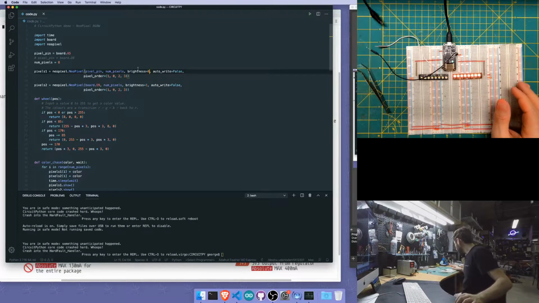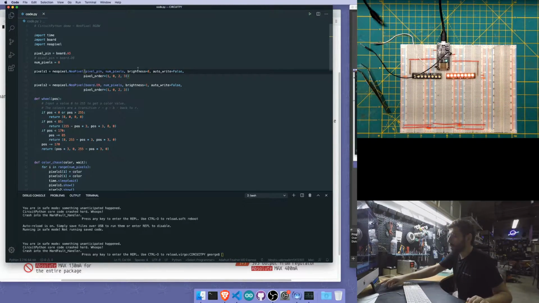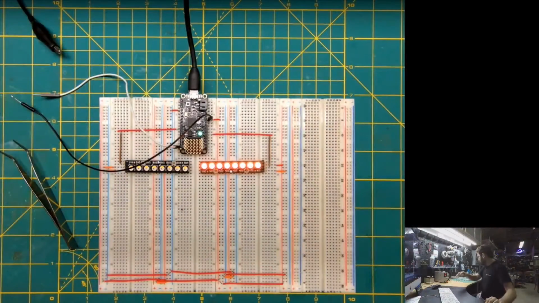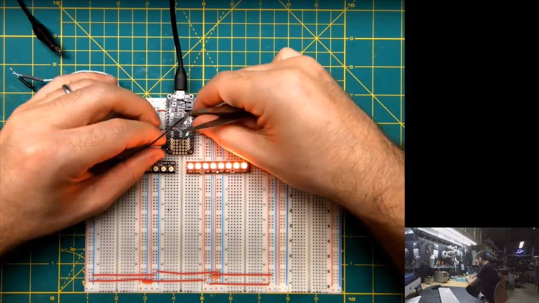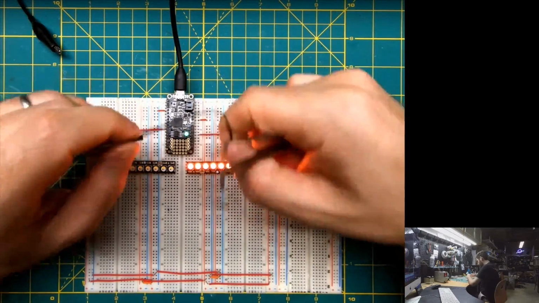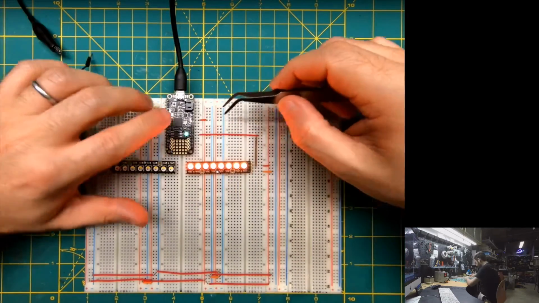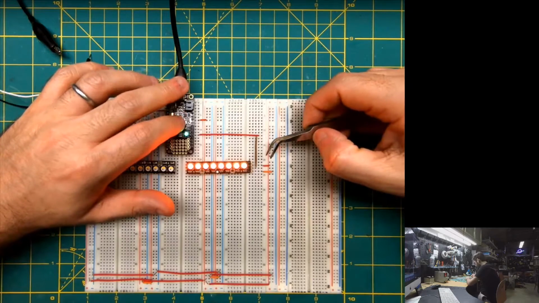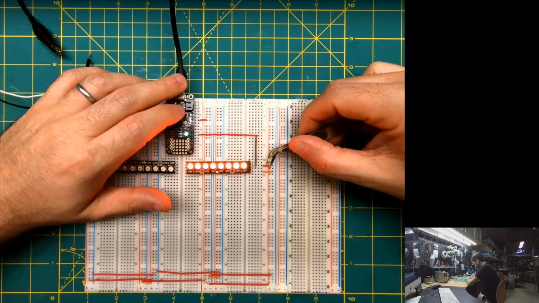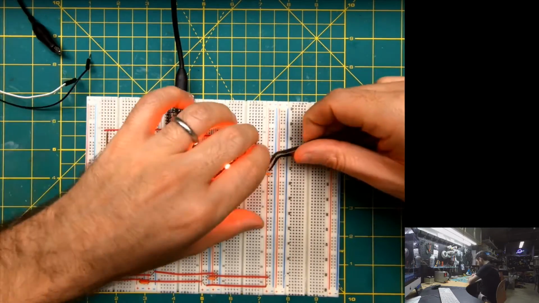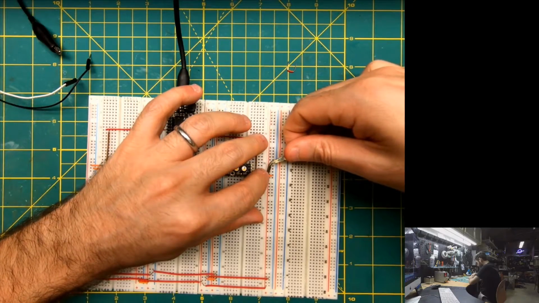I wonder what happens if I just power this thing directly. So let's pull the jumpers from the board. The board is going to stay powered from USB, and I guess let's pull these power pins.